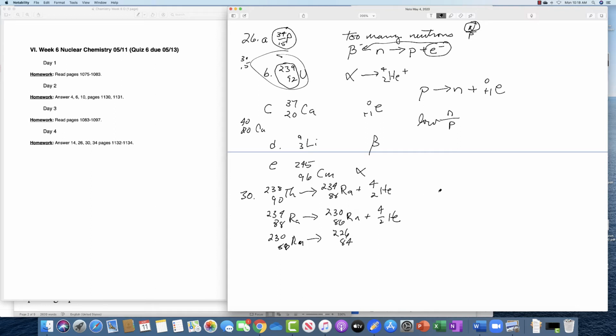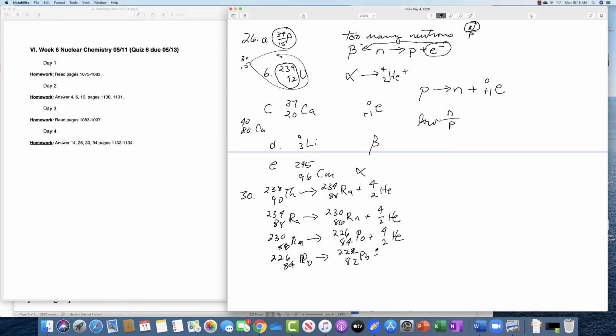And 84 is polonium, Po, plus the alpha particle. And then the last alpha decay goes from 220, 84, polonium, and you end up with 216, 82, and that is lead.